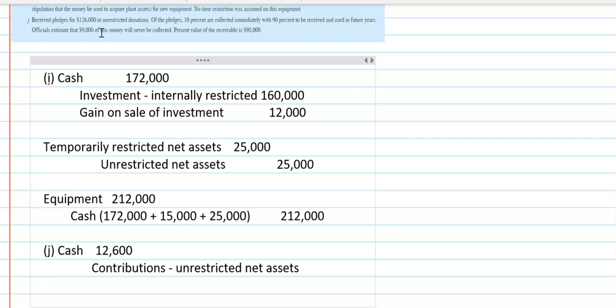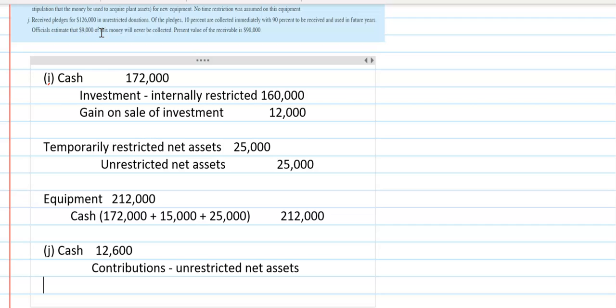So what we're gonna do? We have to reduce that amount and we have to keep those as an allowance for uncollectible pledges. So now here what we will be doing, we will record it of course as a pledge receivables, but at the same time, that 9,000 we'll never be able to collect, we will credit it as allowance for uncollectible pledges.